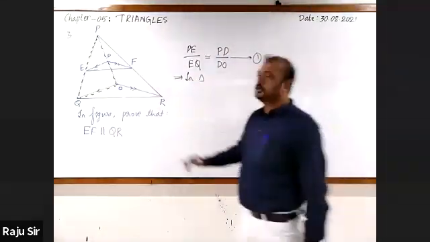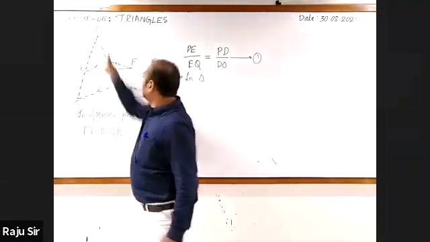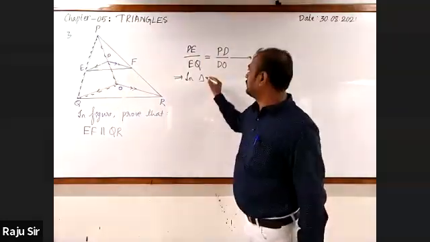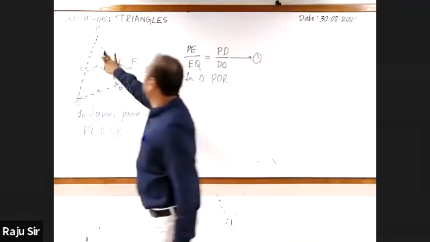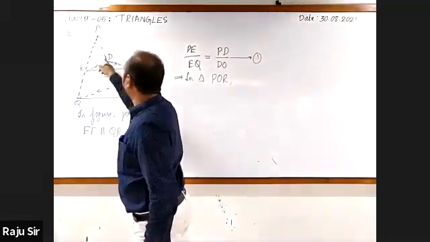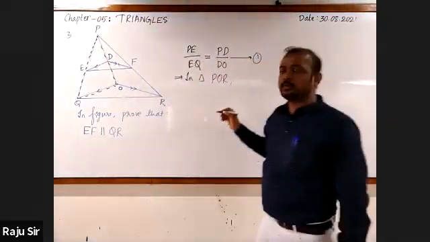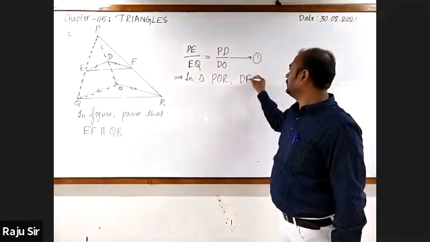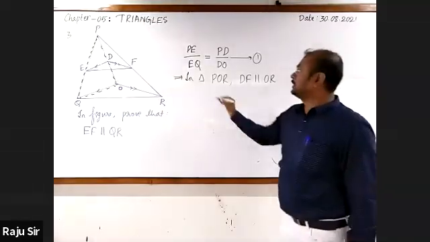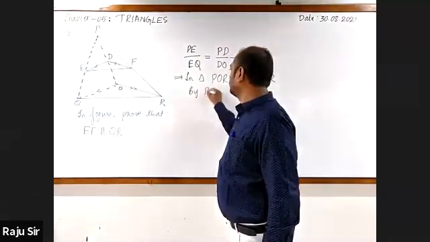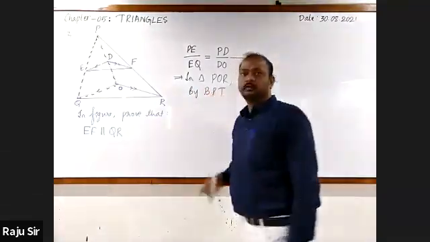Second triangle. Which is that? POR. Right. In triangle POR, who's the parallel side? DF parallel to OR. Then again you can go for using BPT.